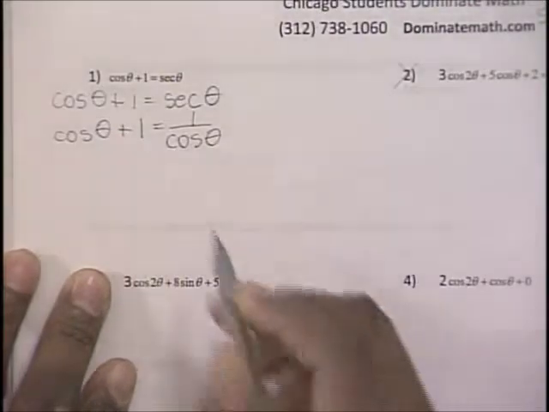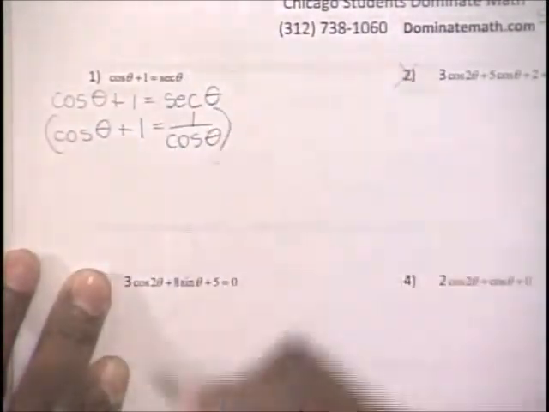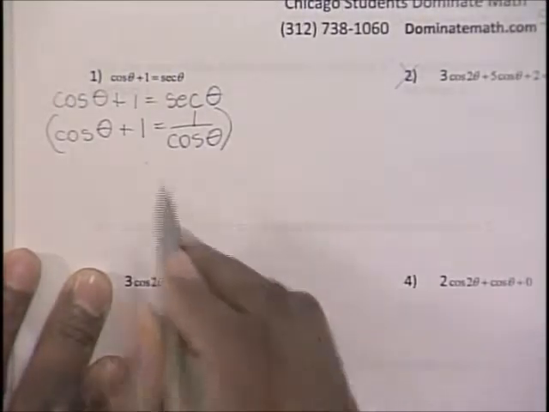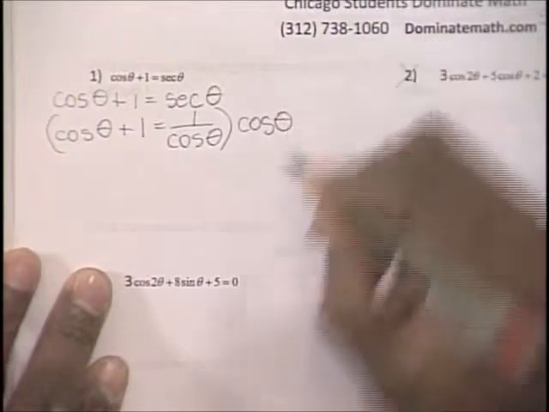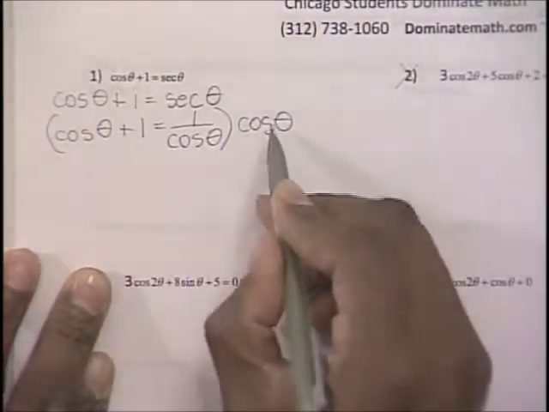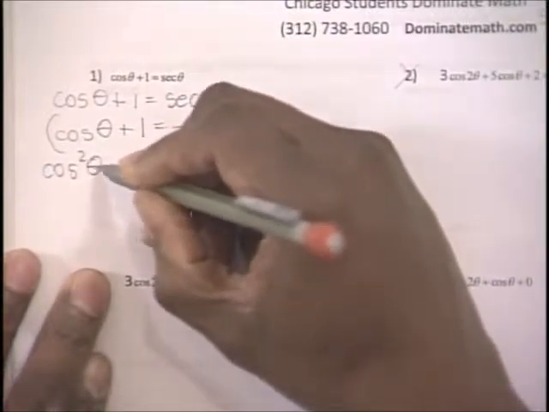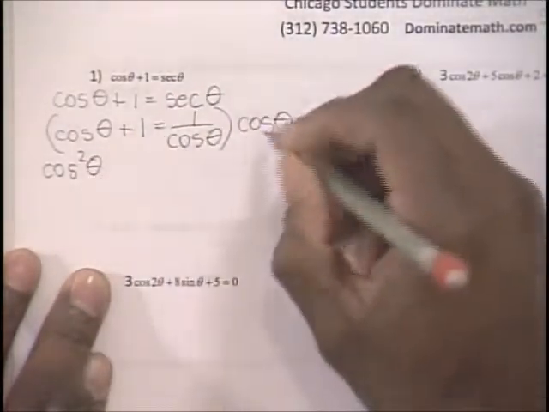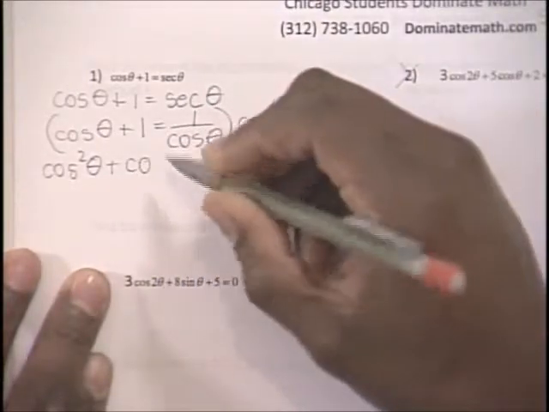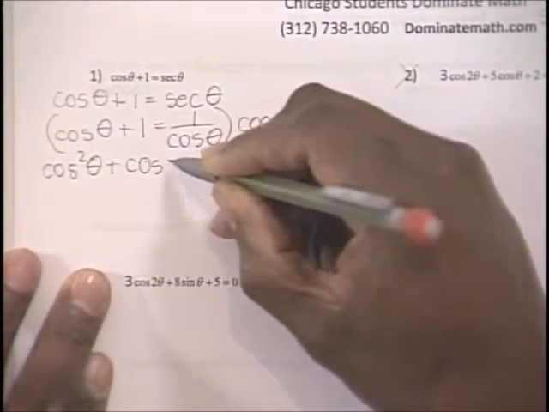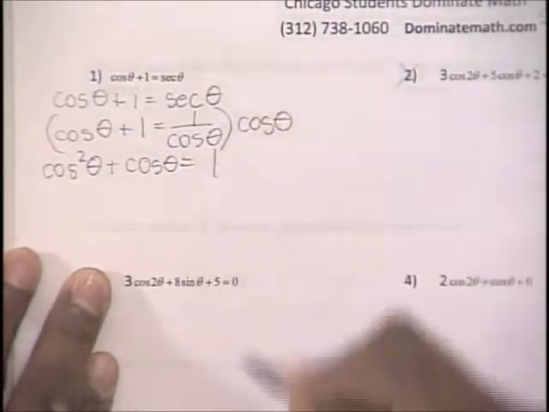Now you have a fraction within this equation. One of the things that you learned in Algebra 2 is that you can rewrite this equation by multiplying by the least common denominator. In that case, it's cosine theta. You distribute that cosine theta to get cosine squared theta plus cosine theta is equal to 1.